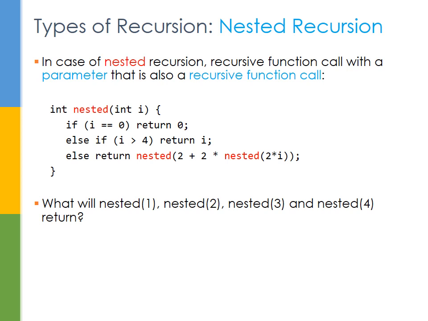So here we have a recursive call in which the single parameter is computed using the result of another recursive call. This is referred to as nested recursion because we have a second call to the nested function which is embedded in one of the parameters of the first call to the nested function.